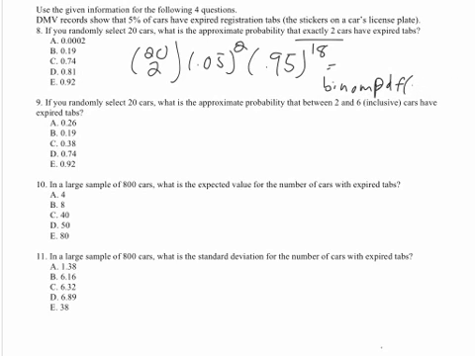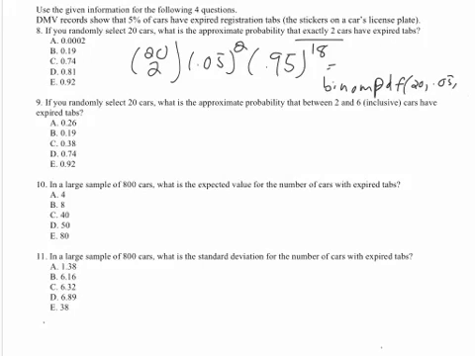So under 2nd VARS, remember, 20, comma, 0.05. Oh, no, I wrote it wrong twice. Sorry.